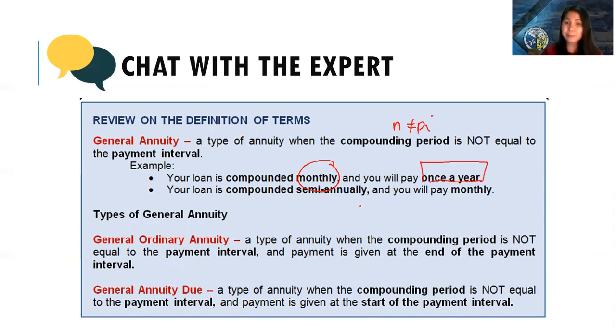Or if it's compounded semi-annually, but the payment is monthly. That is a general annuity. And if the payment is done at the end of the interval, we call it a general ordinary annuity. If at the beginning or at the start, we call it the general annuity due.